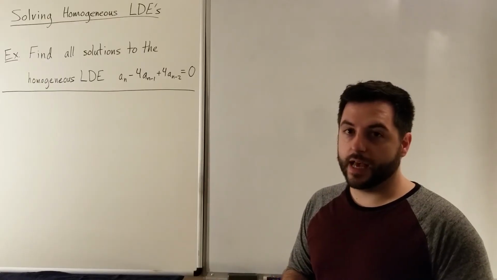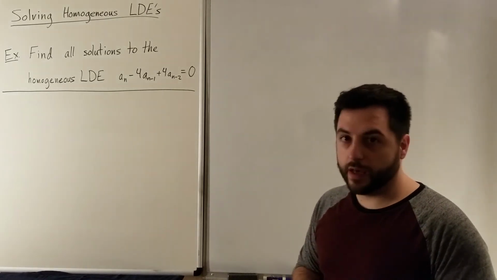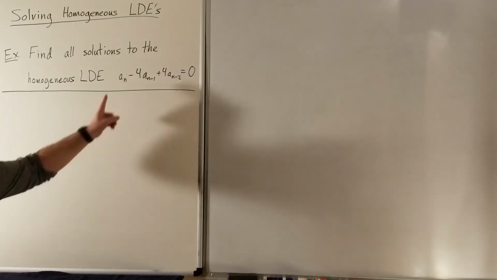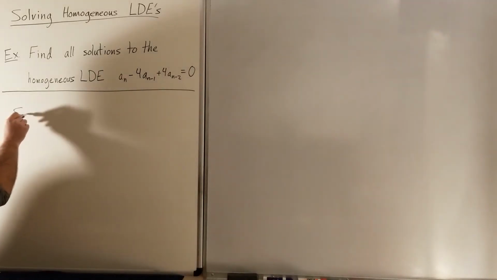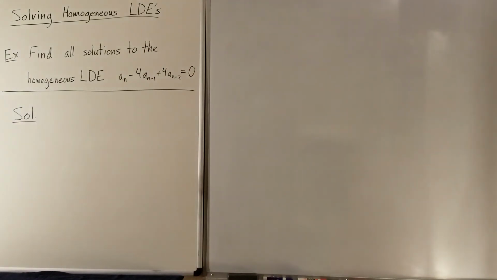We're now going to take a look at a linear difference equation that falls into one of the other categories. It's still homogeneous, but the auxiliary equation is going to look a little bit different. So we're going to skip a lot of the steps that we had before. In particular, I'm not going to write down our guess.